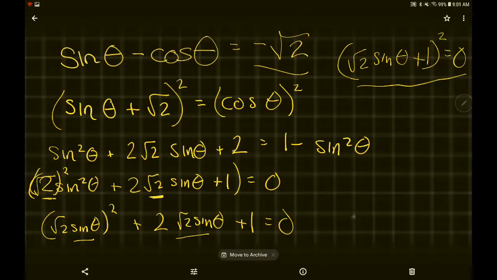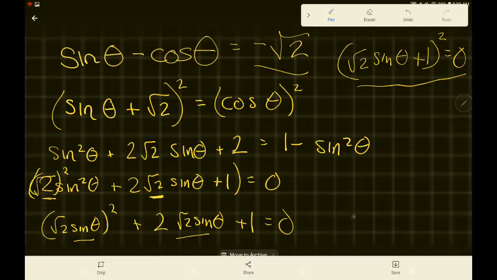That's a kind of difficult step, and it's an unusual way to factor, but that is, in fact, the way you could factor 2 sine squared theta plus 2 root 2 sine theta plus 1 equals 0. We can recognize that leading term, 2 sine squared theta, is in fact a perfect square.